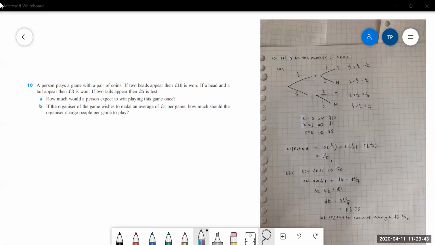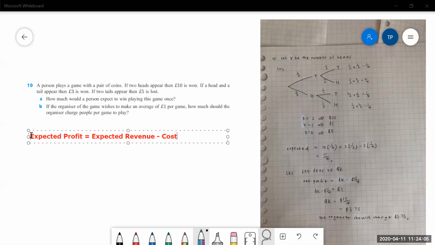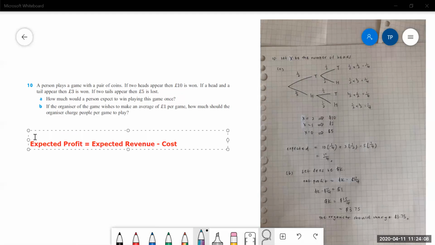Okay, let's take a look at this equation. Expected profit is equal to expected revenue minus cost. This is from a player's standpoint. Correct?